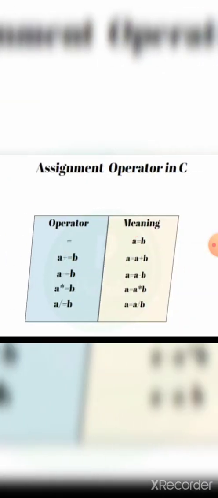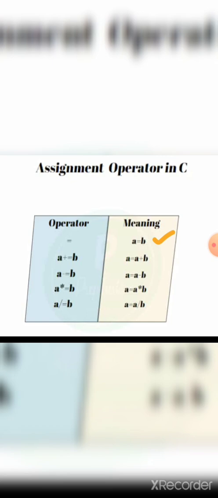The next operator here is the assignment operator. First is the equal to operator. Equals means A assigns the value to B. The value of A we assign to B, that is called the assignment operator.